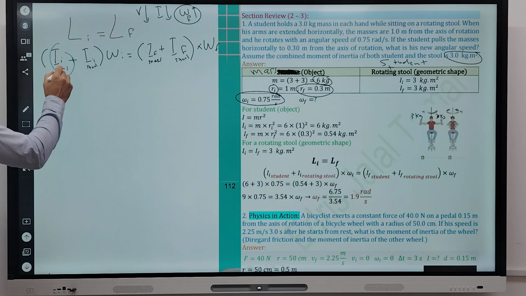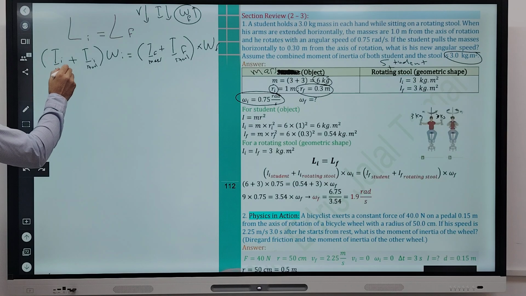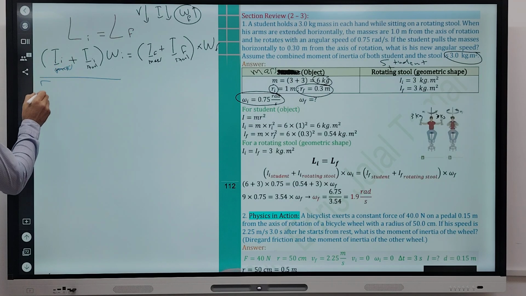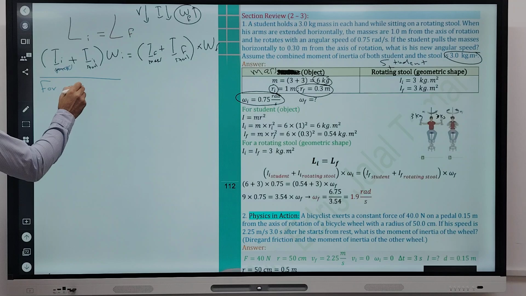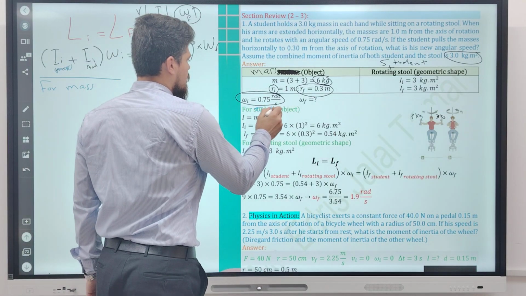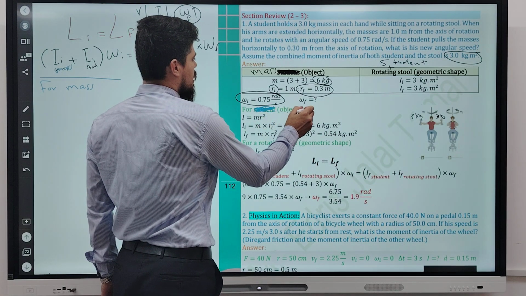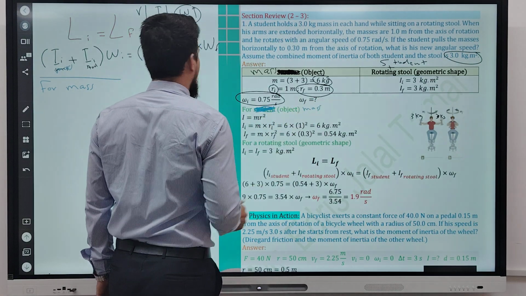I initial for the mass. This is not student, this is a mistake, please correct this mistake. This is for the object, I mean for the mass.